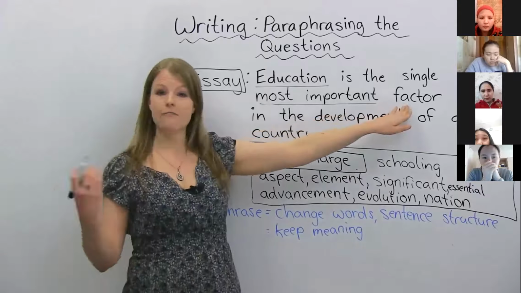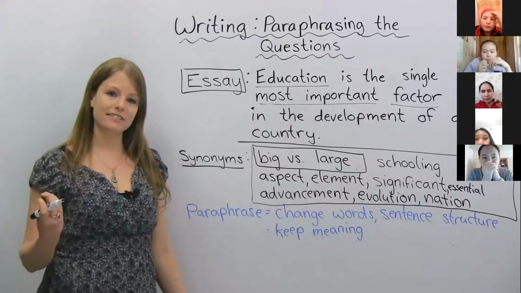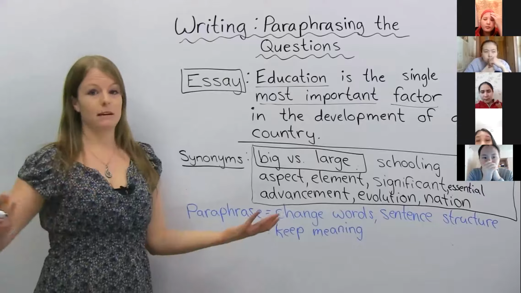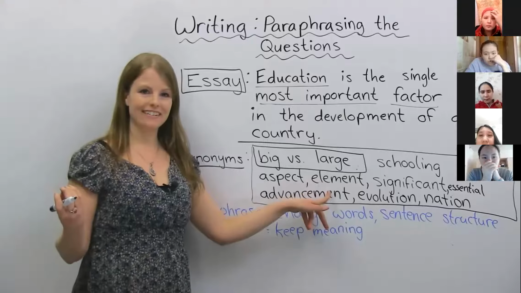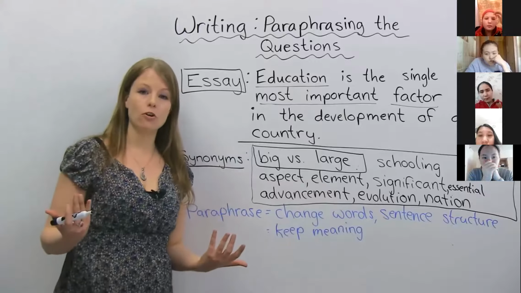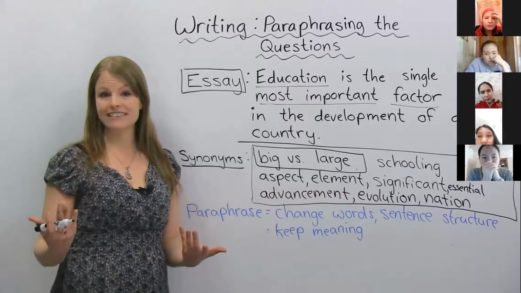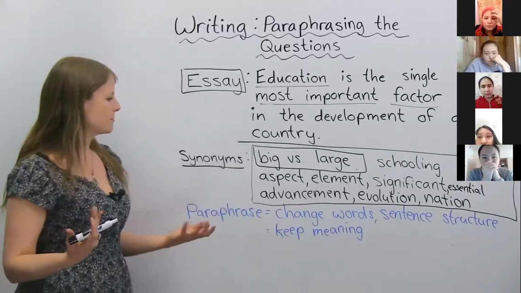Okay, here's another word, factor. Can you think of another word for factor? Well, sometimes factor can be an aspect or an element, okay? You can even say sometimes a significant role, or a part. So there's different words we can use that have similar meanings.